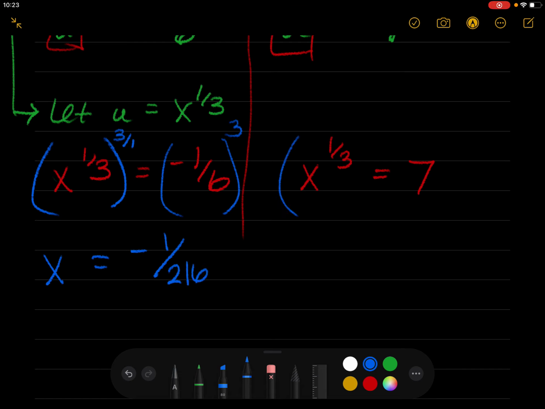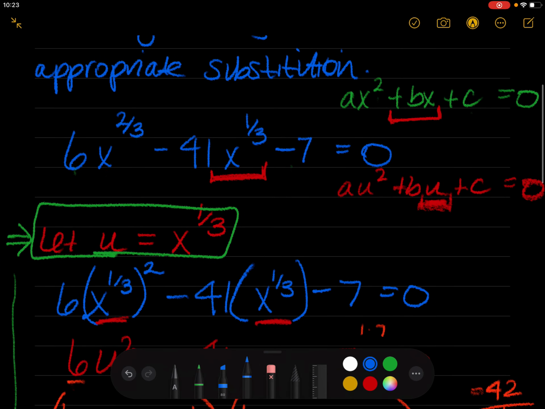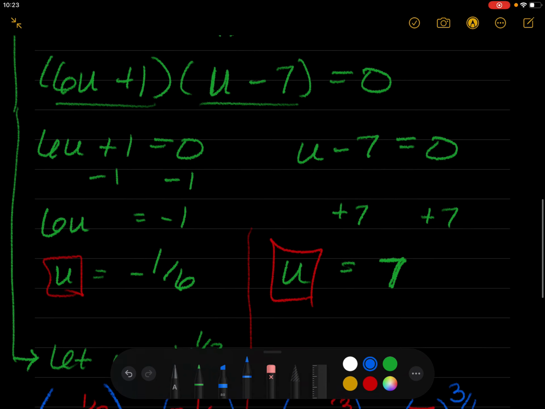And over here, same thing, raising this to the reciprocal of that power, 3 over 1 or 3, would give me x is equal to, and once again, 7 raised to the 3rd would be 343. So you now have two values for x that we have found by substituting in for our original equation. Okay.